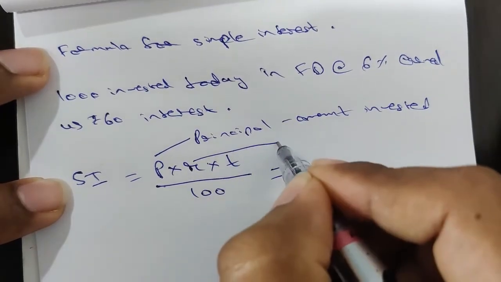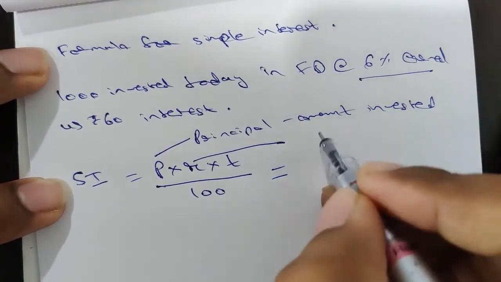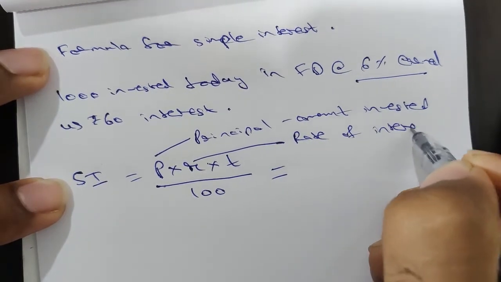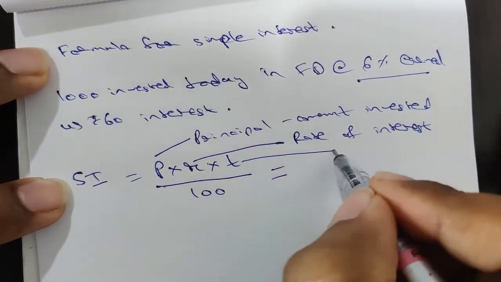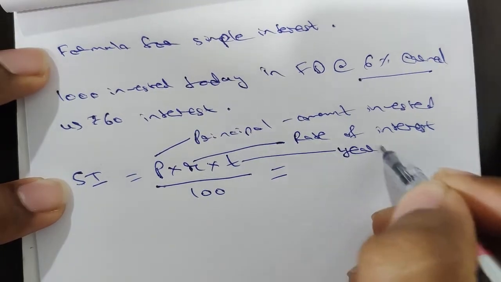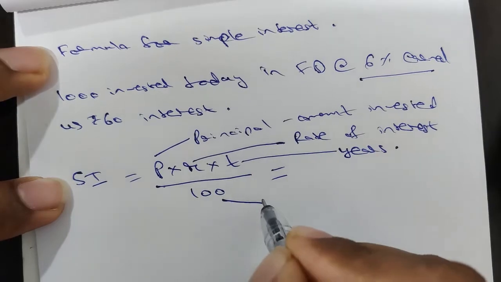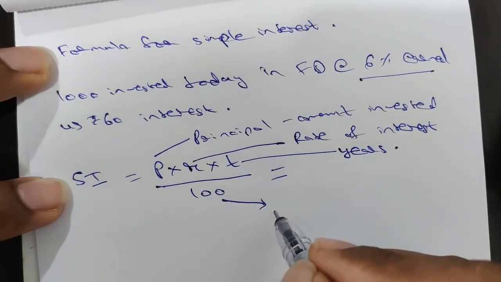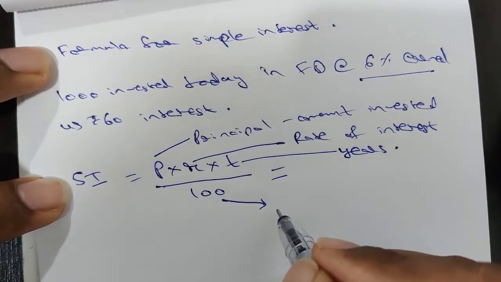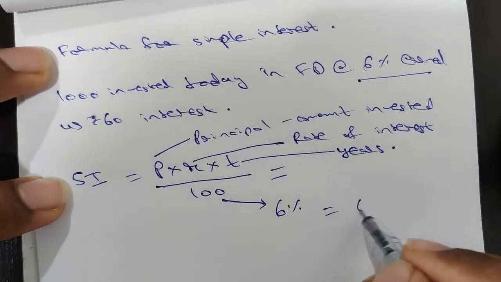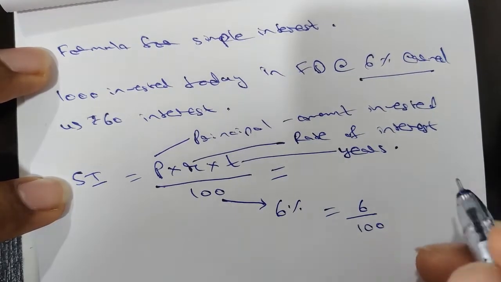Your rate of interest is this. And time should be in years. And why this 100? Because it converts the rate into decimal. So if we say 6%, then it should be 6 by 100.